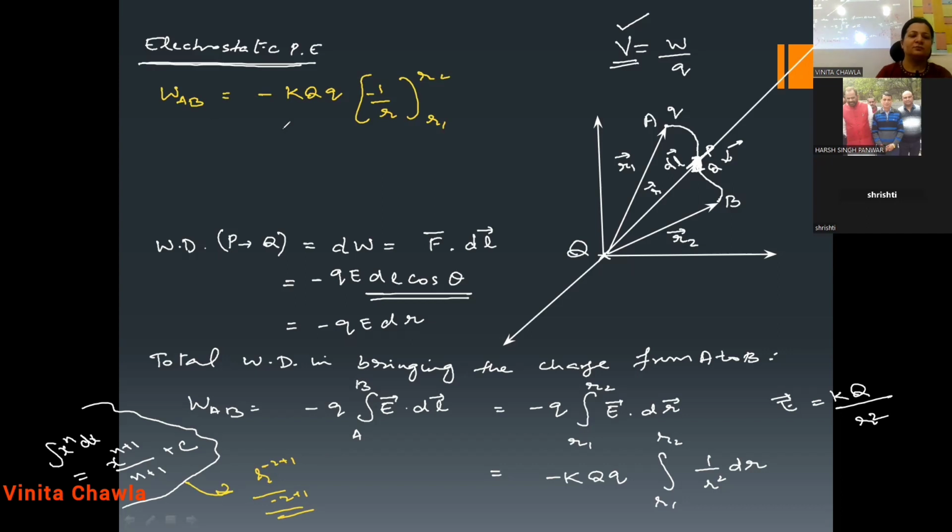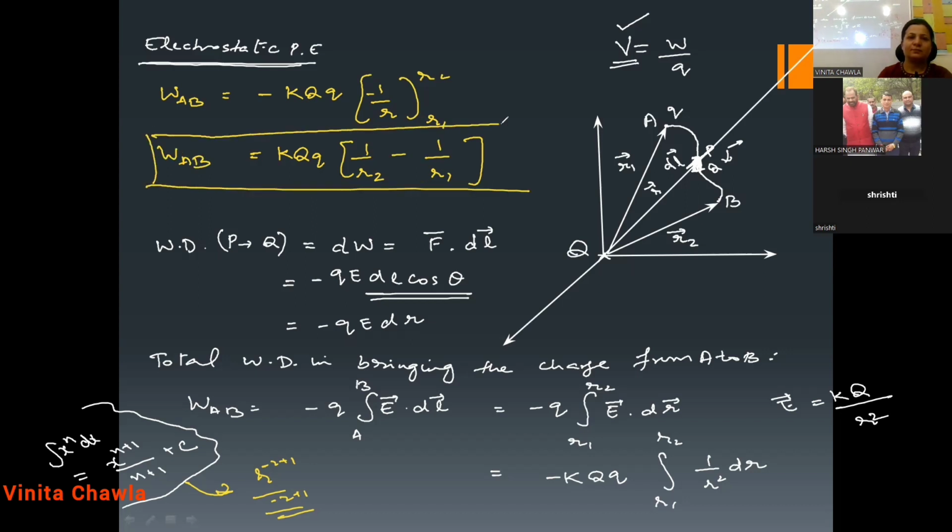Minus minus, plus. So it's KQQ. First we write the upper limit, then put a negative sign and now write the lower limit. This is the work done. And this work done is nothing but electrostatic potential energy.